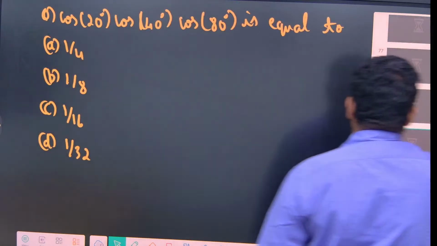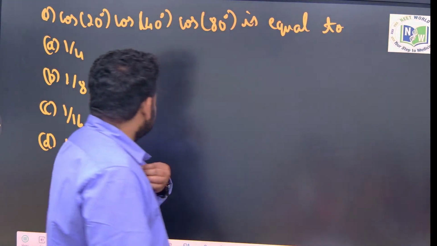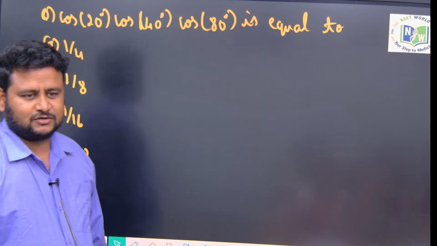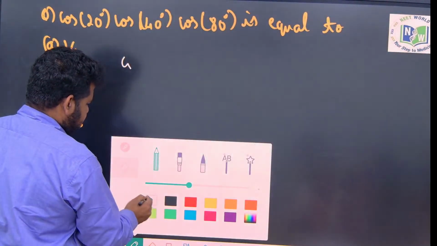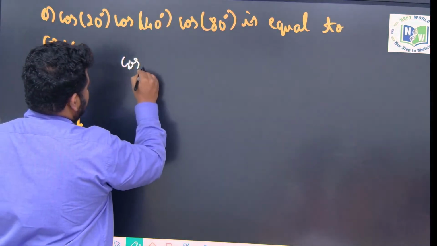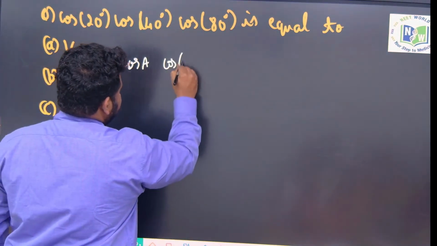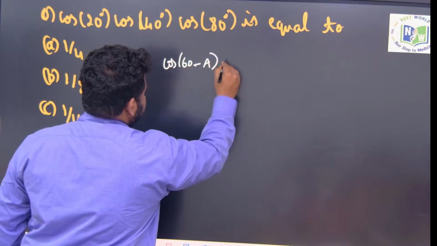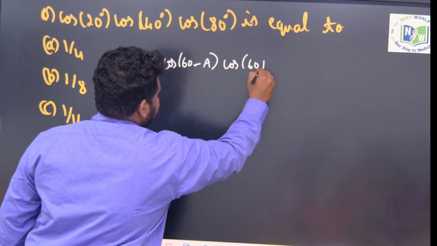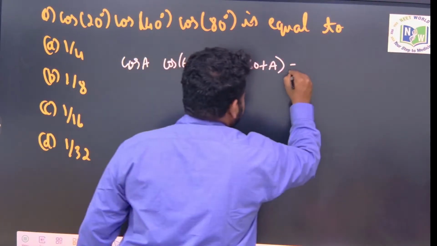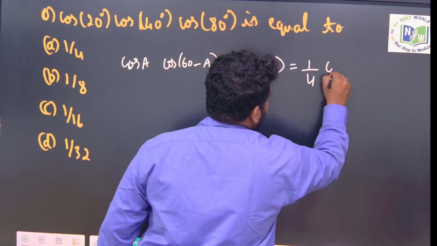Please have a look at this question. Do you remember the concept? The formula that we have is cos A cos(60 minus A) cos(60 plus A) is equal to 1 by 4 cos 3A, correct?